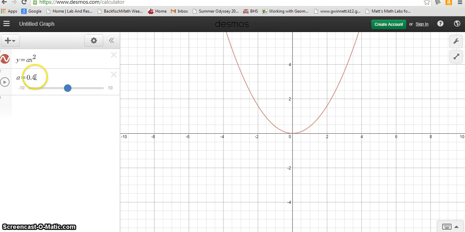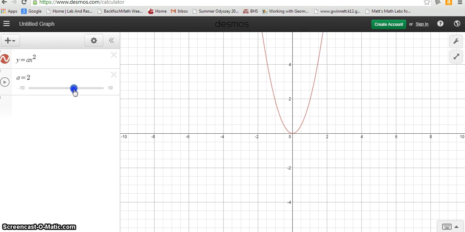Now, notice I said a positive number greater than 1 or less than 1. Using a negative number does a completely different thing. What's that doing? That would be reflecting it across the x-axis.